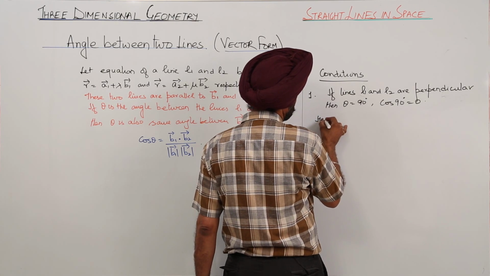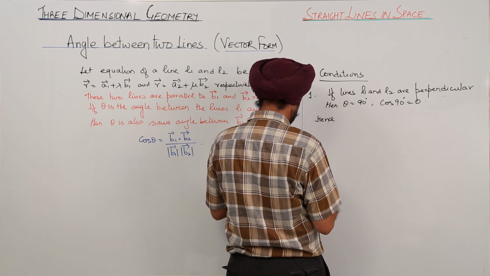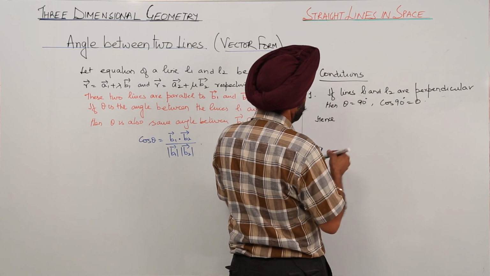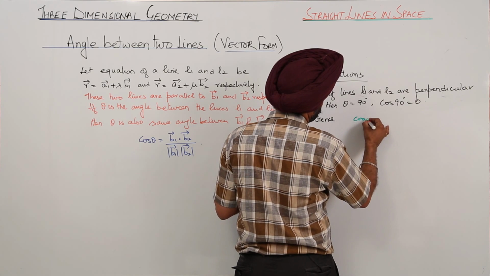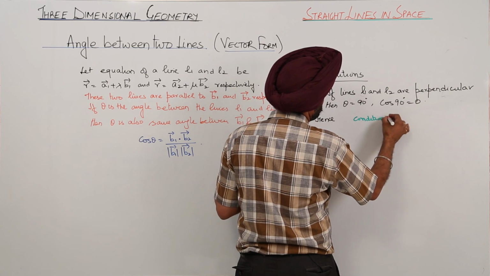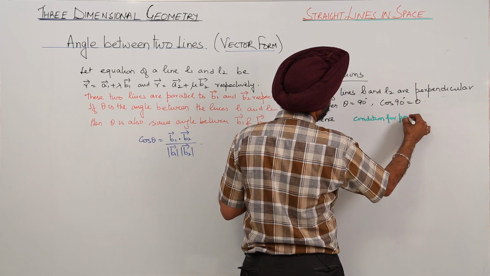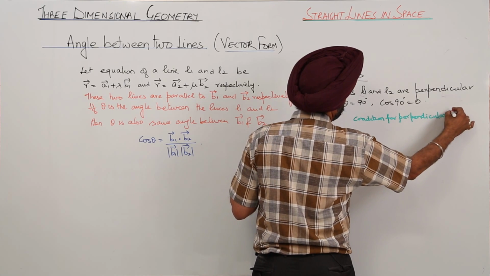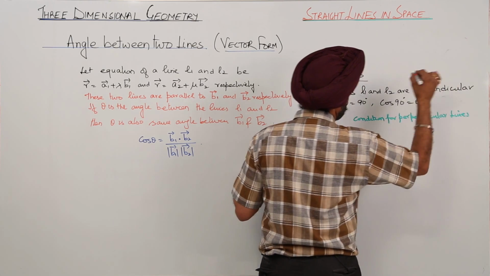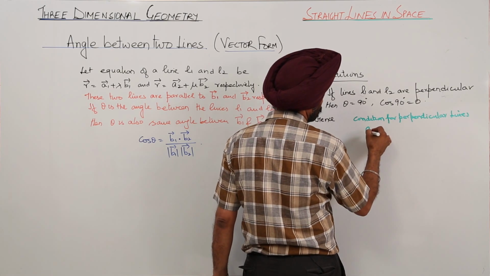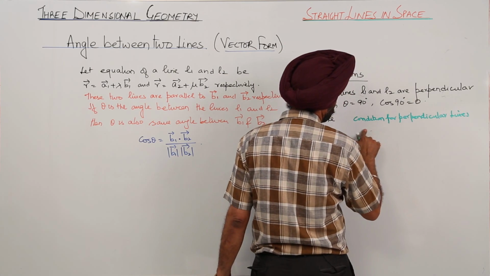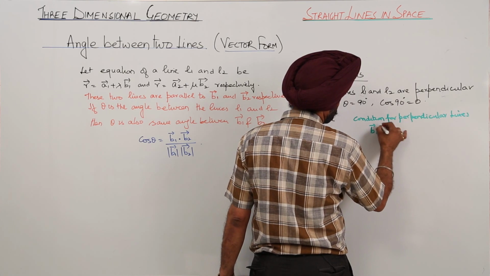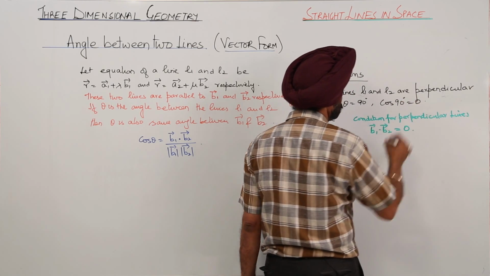Hence the condition for perpendicular is vector b1 dot vector b2 is equal to 0.